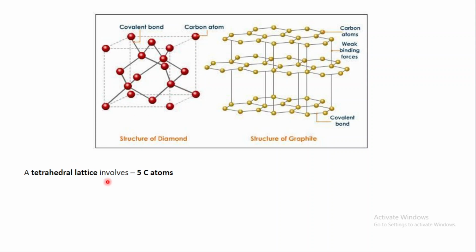So a tetrahedral lattice involves 5 carbon atoms. If you look at this carbon atom arrangement, this unit is a tetrahedral unit. How will I explain it to you? A tetrahedral lattice means a three-faced pyramid.